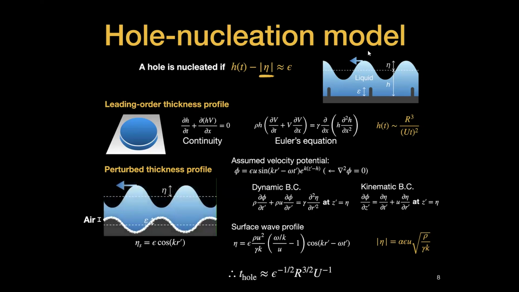If you combine all of this, you get a simple relation for when the hole will nucleate, which goes like epsilon, where epsilon is the height of this bump, to the power of -1/2, and r is the radius of the drop, and u is the speed of impact.